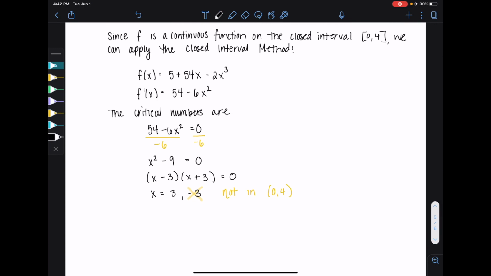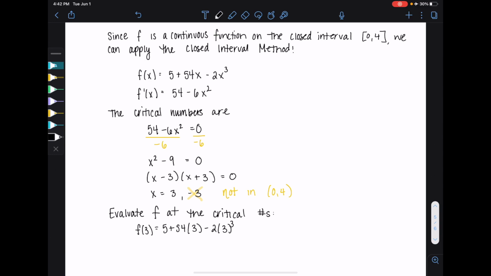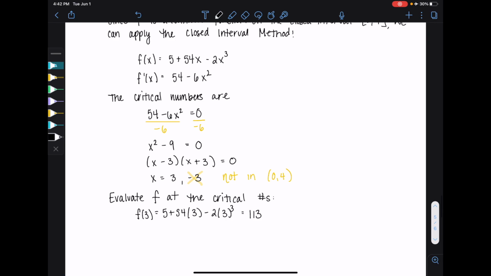So we evaluate f at the critical numbers. So we go ahead and plug 3 back into the function, which would give us 5 plus 54 times 3 minus 2 times 3 cubed. So if you do that, you get 113. Okay? So this is a possibility for an extreme value.